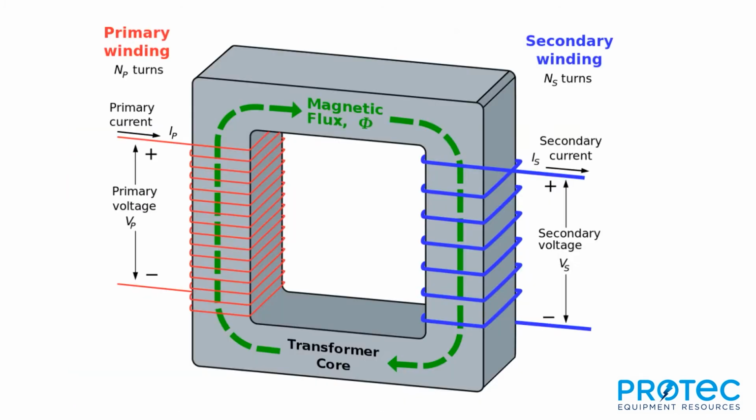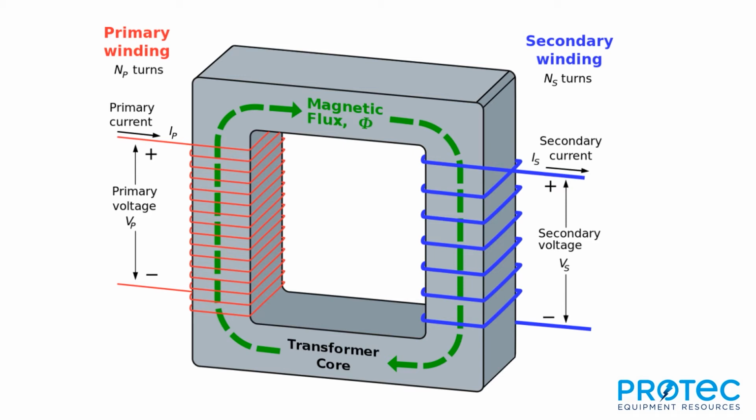The next slide is something I wanted to use in explaining a little bit about the way a transformer works. This is just a single phase representation of a lot of what folks may experience in the field. There is a primary and a secondary winding, and the primary winding has a specific number of turns, or loops, around the core, and then the secondary winding also has a specific number of turns around the core.